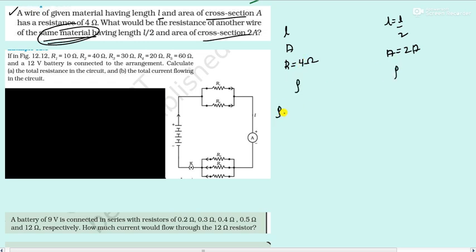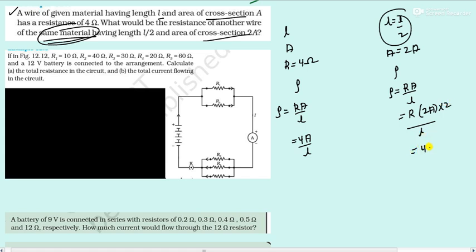We can write this formula, rho is equal to RA by L. Again here rho is equal to RA by L. Here R is 4, A is A, L is L. Here R is unknown. A they have given as 2A, L they have given as L by 2. So with L by 2, the 2 comes to the numerator.